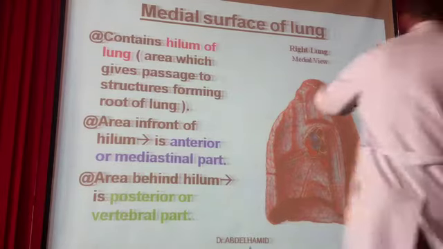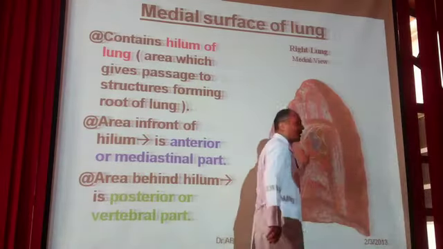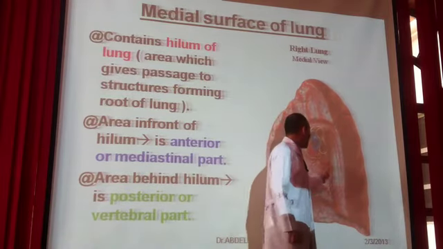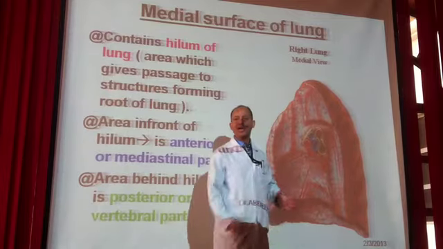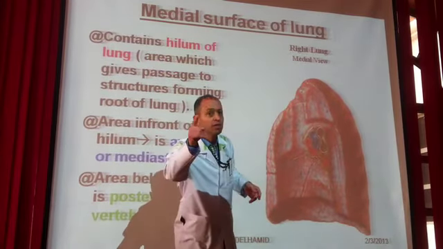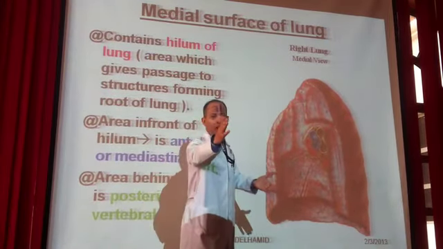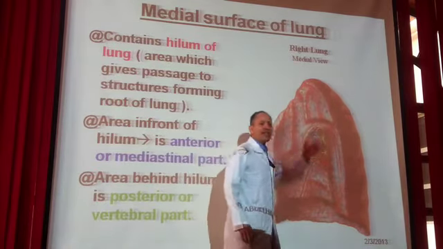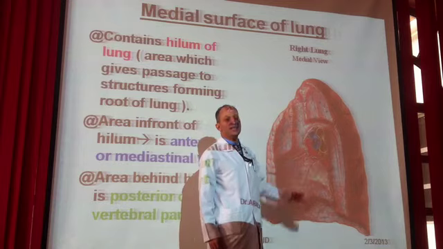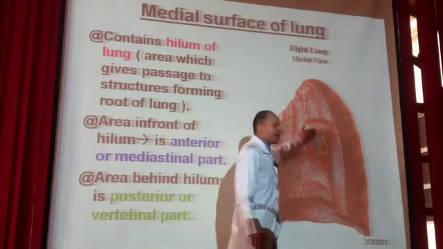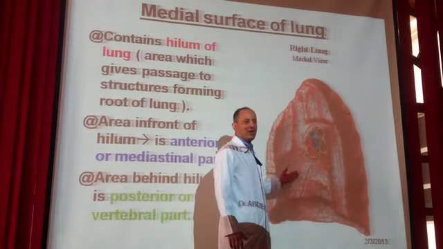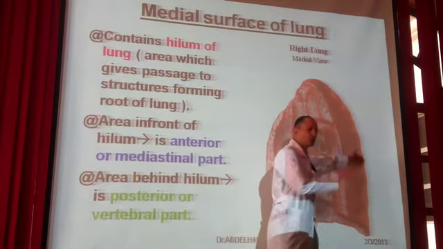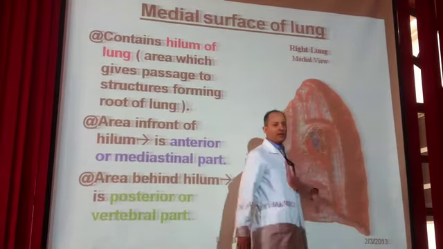So this area, which allows passage of structures to and from the lung, is named the hilum of the lung, which is located on what surface? Medial, excellent. So this hilum, located on the medial surface, divides the medial surface into two parts: one related to the mediastinum and one, smaller, related to the vertebral column.